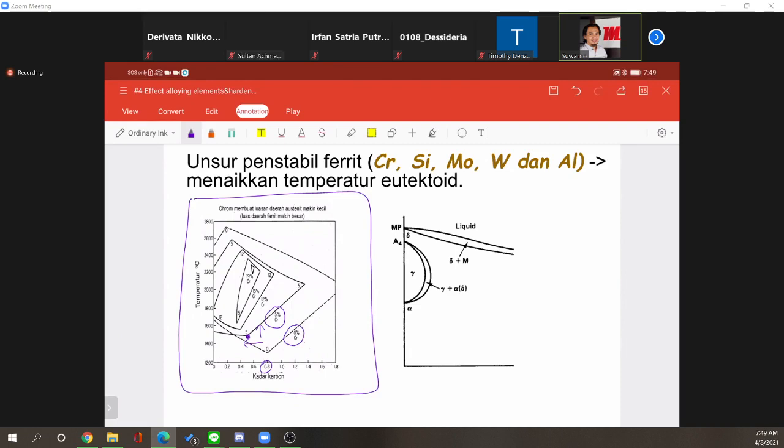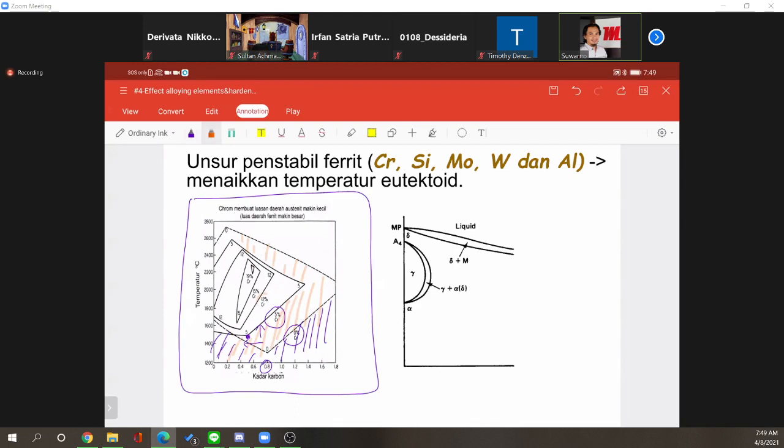Which means that the ferrite area now goes from this area into that area. It becomes a wider alpha compared to the previous one without any chromium. Whenever you add more and more chromium, it will increase further.